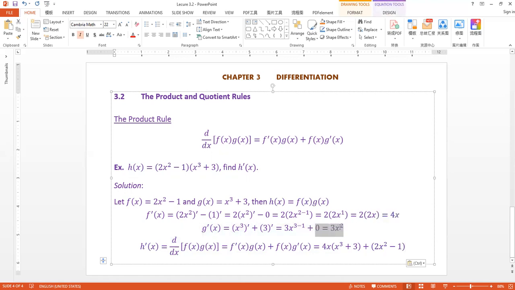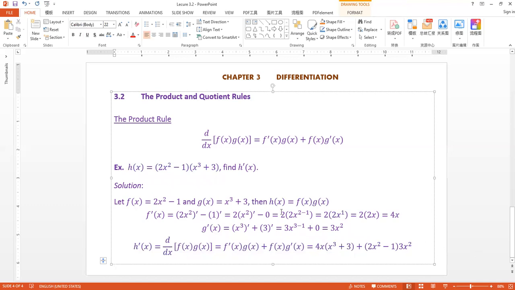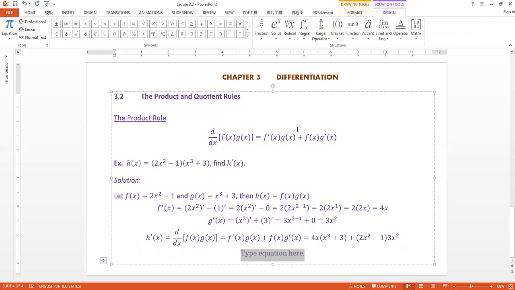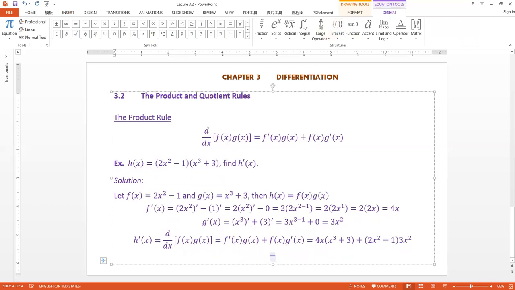All right. Okay, so then what? Then we can simplify the whole thing. And you just distribute 4x in the first part and 3x squared in the second part.